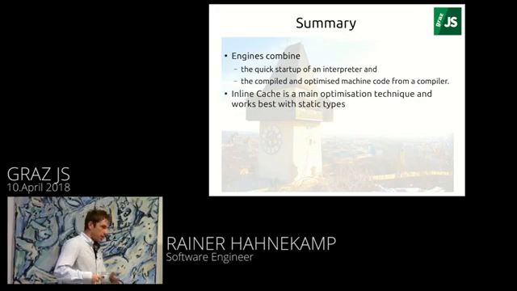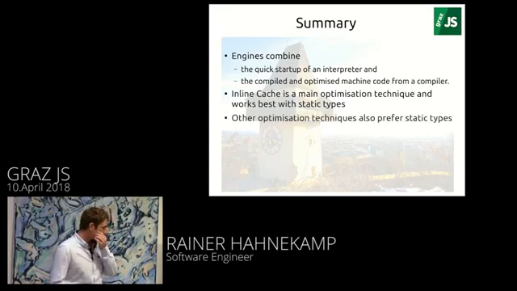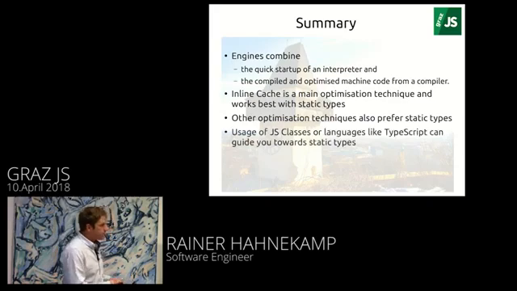Inline cache is one of the main optimization techniques, and it works best if you're using static types, so if you don't change the types all the time. There are also other optimization techniques that I didn't mention, but be assured they also work if you are using static types. And the solution might be that you're using JavaScript classes or just switch to a language that has types included, for example, TypeScript.